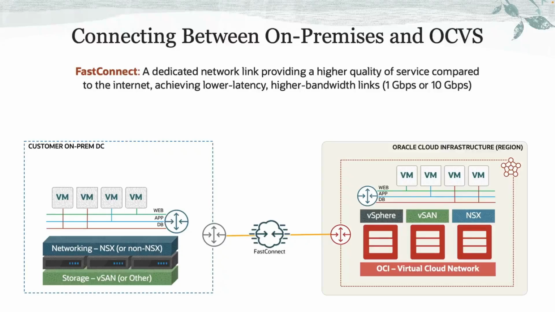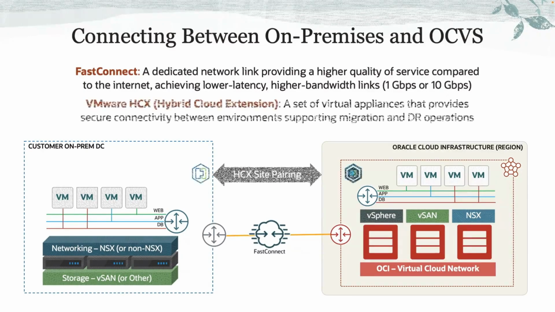The bandwidth should be a minimum of 1 Gbps, or it could be 10 Gbps for quicker migrations. VMware HCX, or Hybrid Cloud Extension, gives secure connectivity by providing a set of virtual appliances, and that helps to configure site pairing between those environments to support migrations and DR operations.